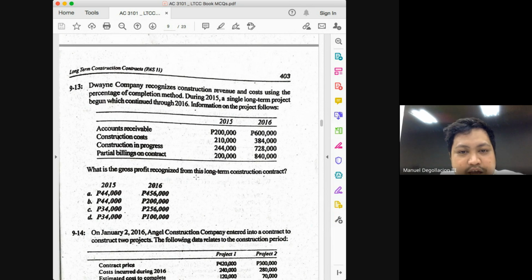728 minus 594. 134. Am I correct? So if 728 is your cumulative cost and your cumulative profit, and we have already deducted 594, giving us, how much was it, class? 134. What do you think the 134 represents? It represents your cumulative profit. But why is 134 not in the choices?